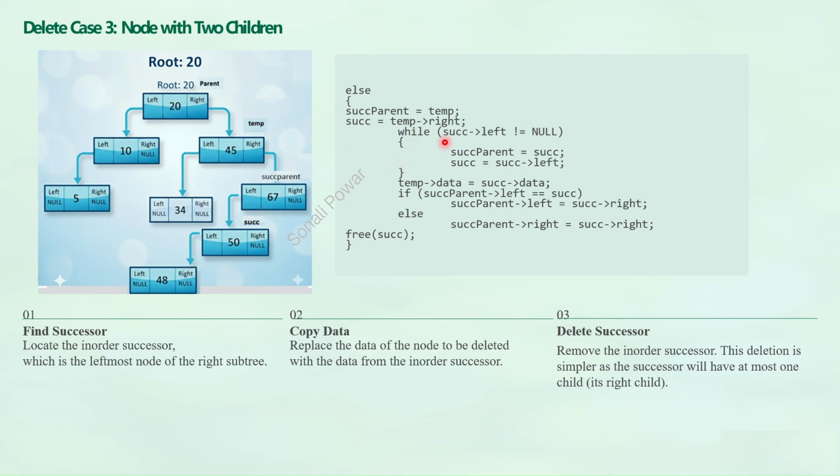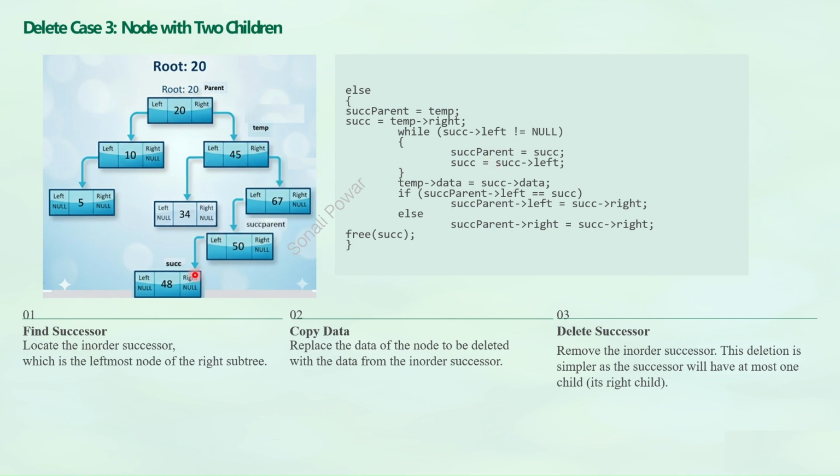Then again they will enter the while loop and they will again change both the pointers. So in this case successor parent first we will bring here and then we will move this pointer to 48 with this loop. Now this will be your result. After that again we will come to the while loop, we will check the left of the successor. Now in this situation it's null, so we will stop at this location.